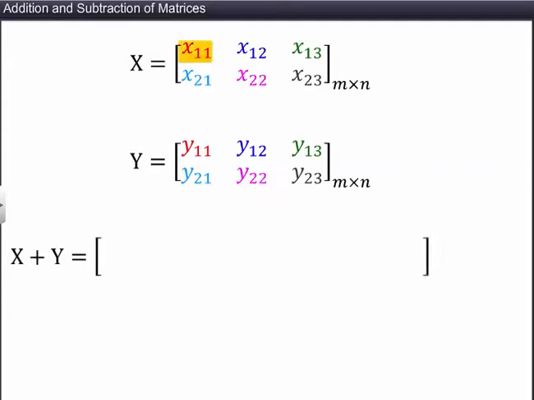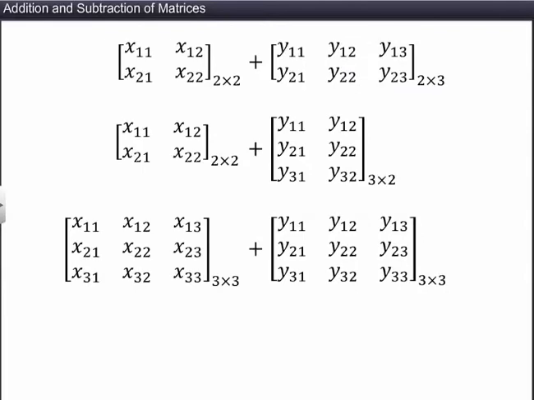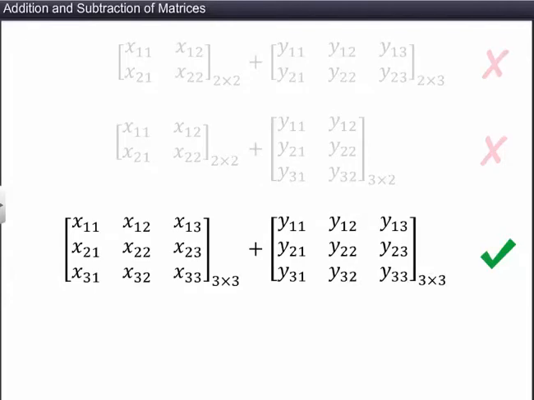The element in the first row and the first column of matrix X is added to the element in the first row and the first column of matrix Y. Similarly, the other corresponding elements are added as shown. It has to be noted that matrix addition can be performed over matrices having the same order.